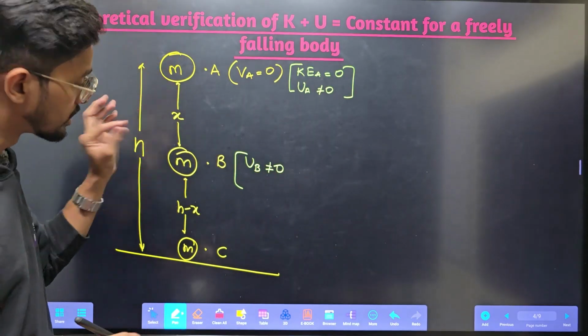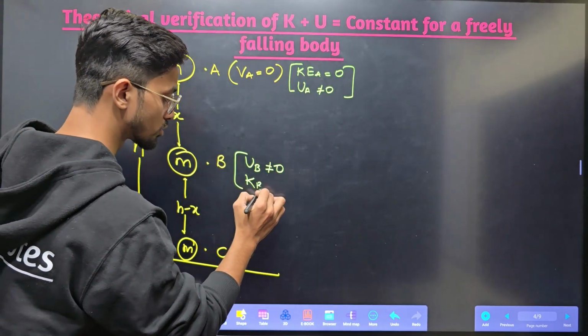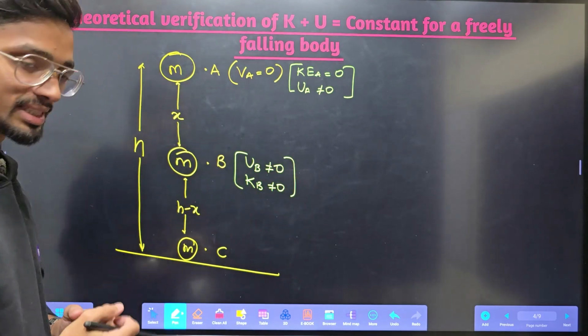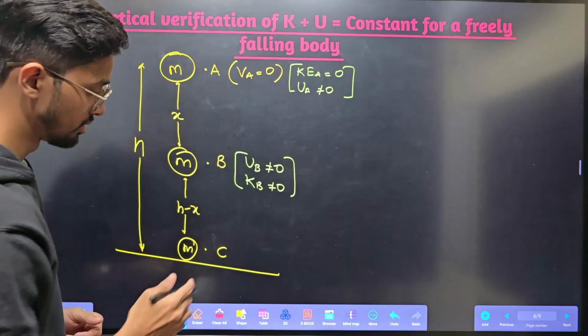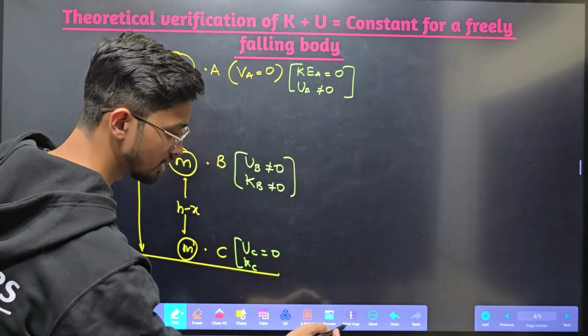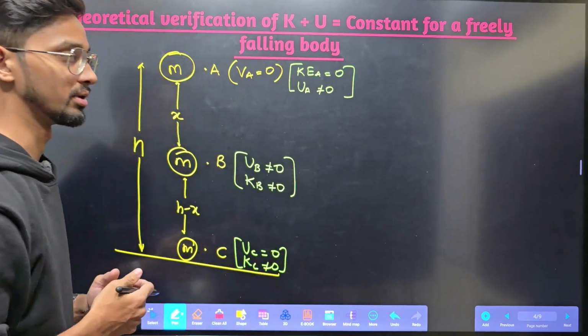And while traveling from here to here, it will gain some speed, so kinetic energy at B will also not be equal to 0. But at point C, there is no height from the ground, so potential energy at point C will be 0, but kinetic energy at point C will not be 0. Okay, you need to remember this.